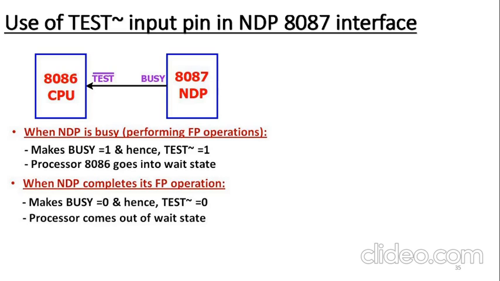And whenever processor comes out of wait state here, processor resumes its normal data processing task. It clearly means that in this particular interface here, out of these two processing elements, one will be functioning, the other is definitely in the wait state, and vice versa. So this is all about the test bar input pin and NDP 8087 operation here.